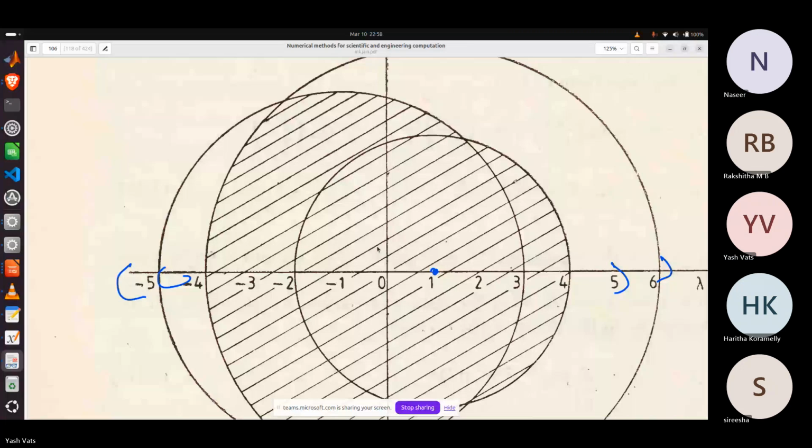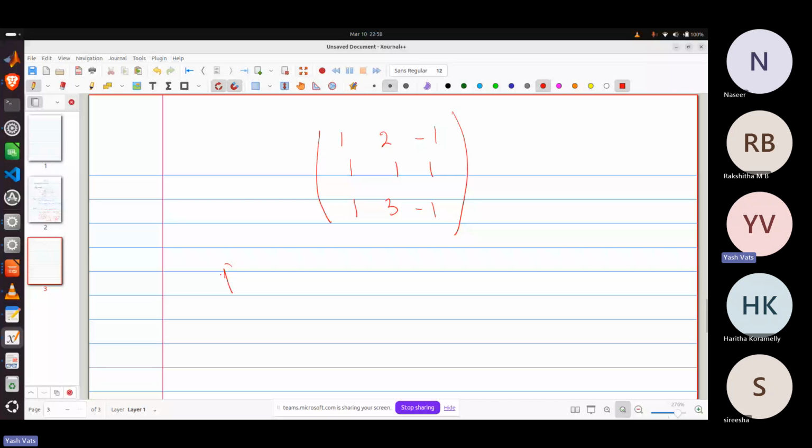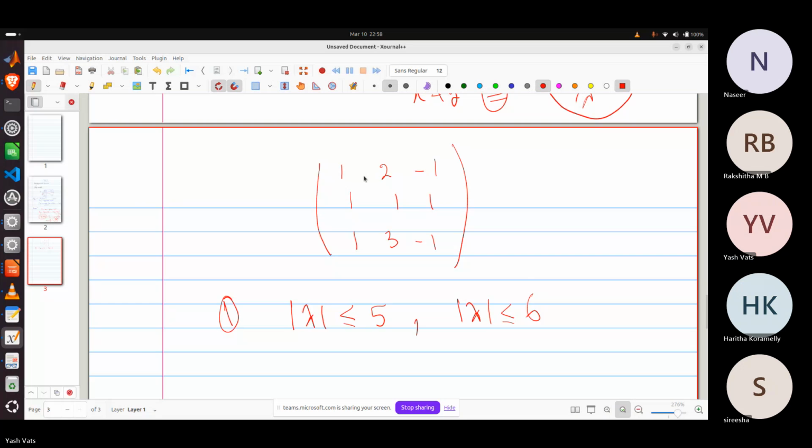Can you just explain, sir, how it will be? Okay. So first thing you have done is along the row, right? So that is you're getting lambda. And what is this? 6, is it? No, it should be a 5 and this is 6.